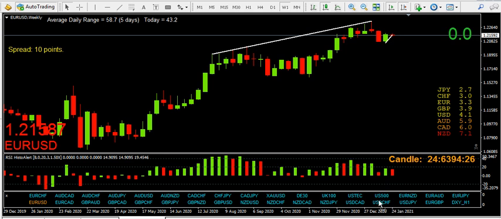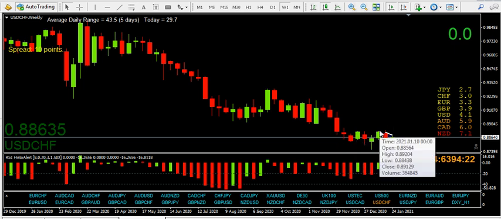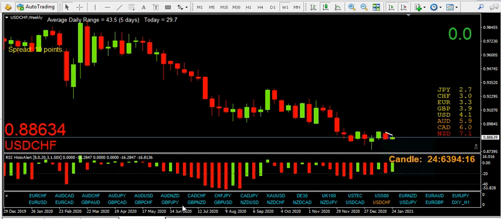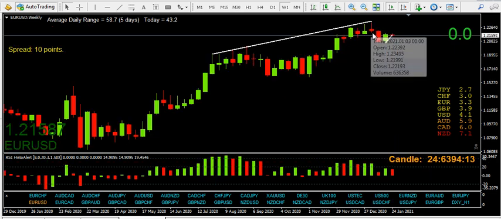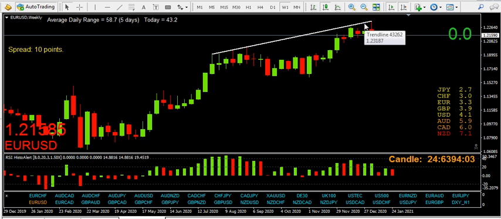But when I checked the Swissy, it looked a totally different kettle of fish. We hadn't got a 3-candle reversal up, whereas the Euro US dollar had a weekly 3-candle reversal down. And to be fair, this does look quite bearish.